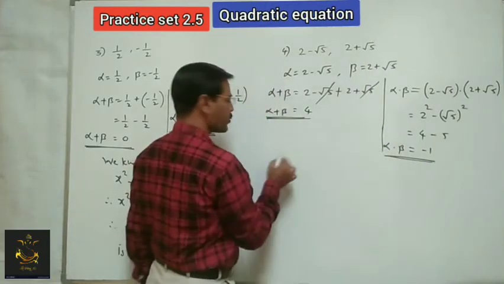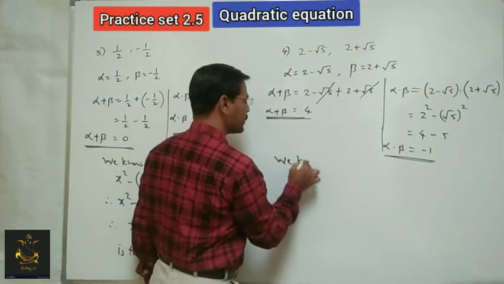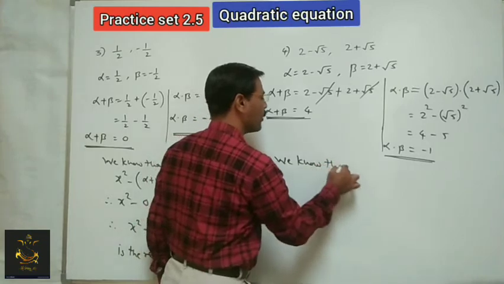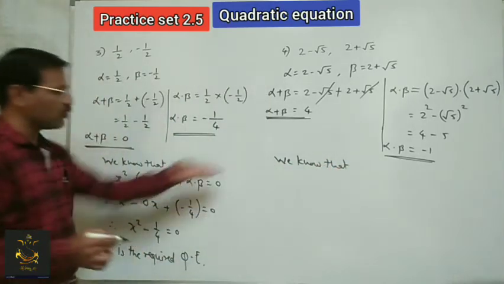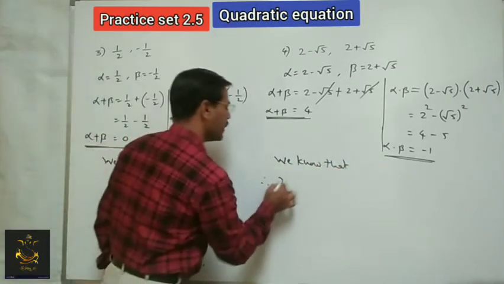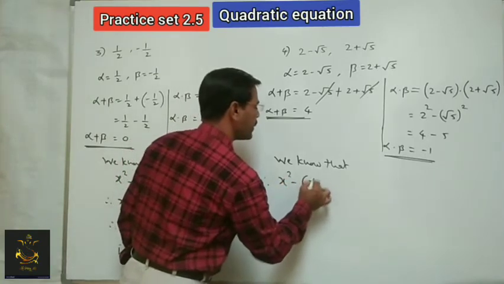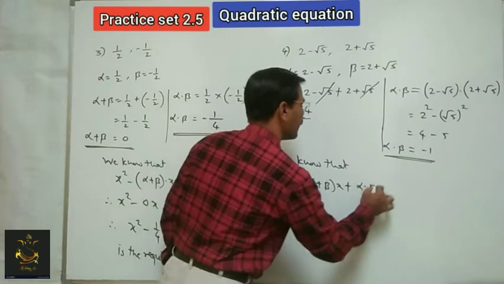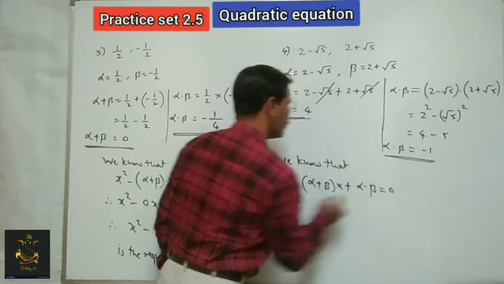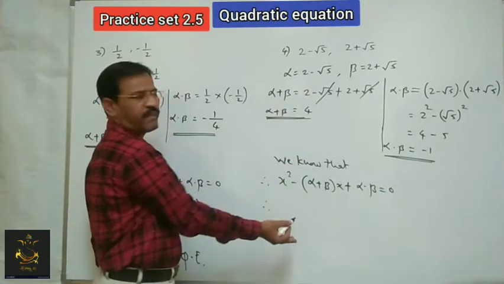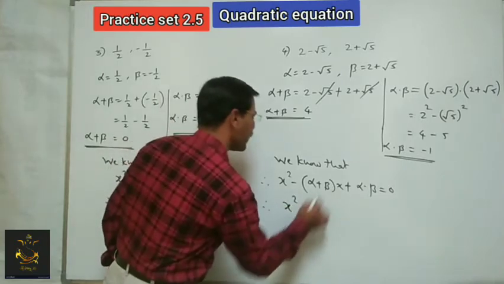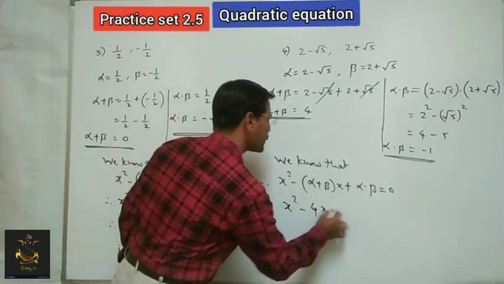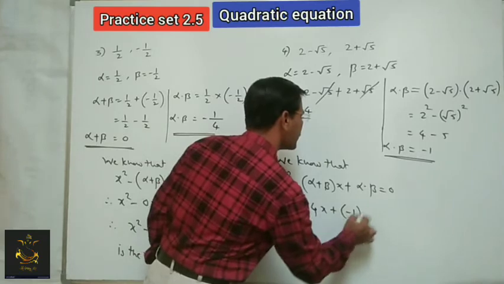So after getting these two, we know that very similar here also, just have to write here also: x square minus (alpha plus beta) x plus alpha into beta is equal to 0. Now just try to put the values here. This is x square minus 4x plus minus 1.